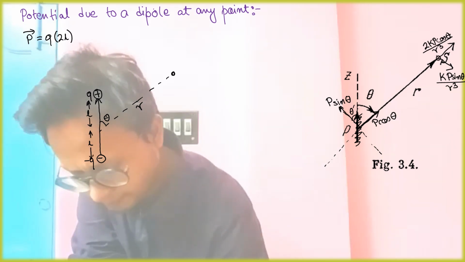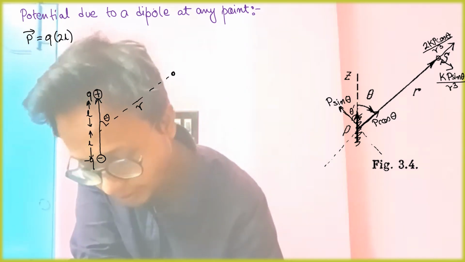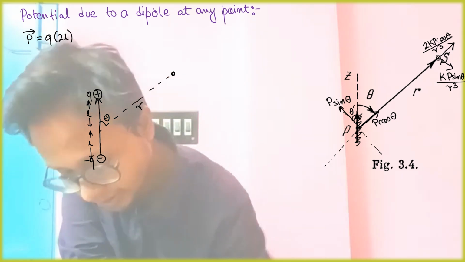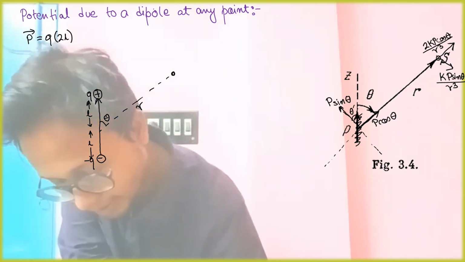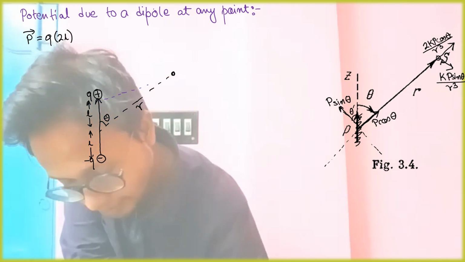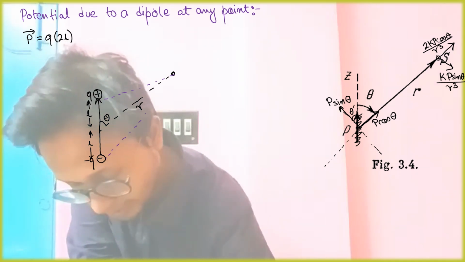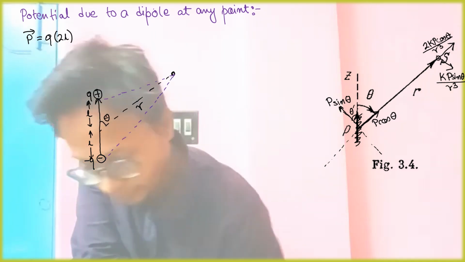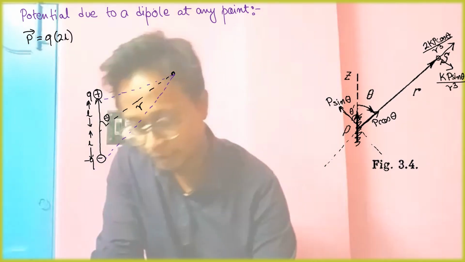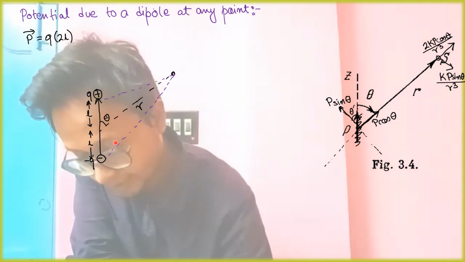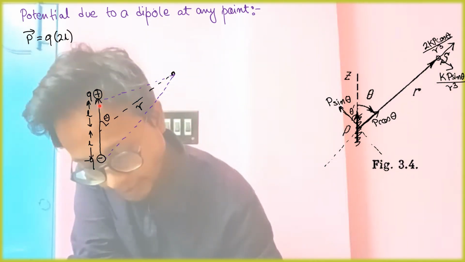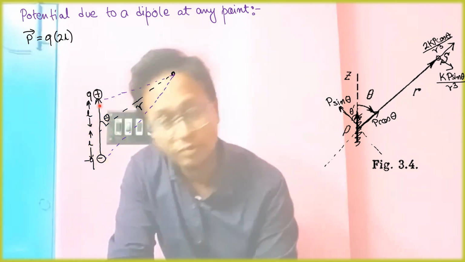Now the potential at this point is nothing but kq by this distance minus kq by this distance, isn't it? So we have to find out this distance and this distance. Now there's a very important assumption that you have to make here.